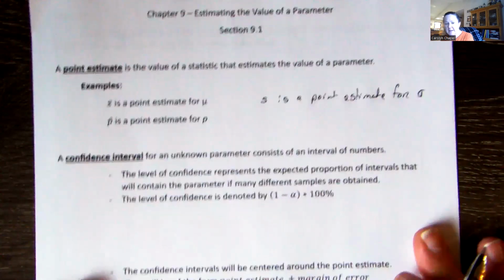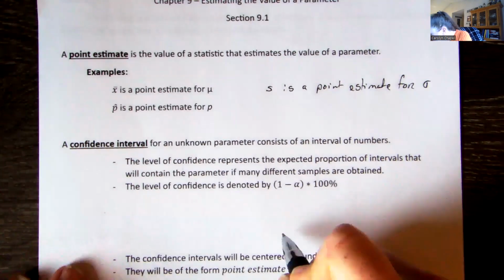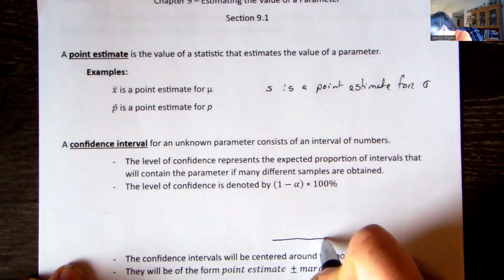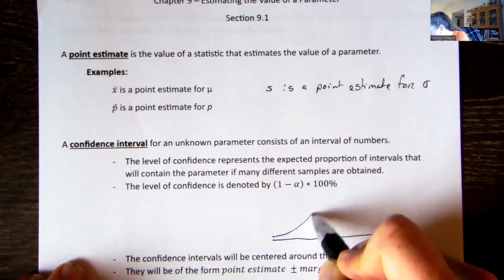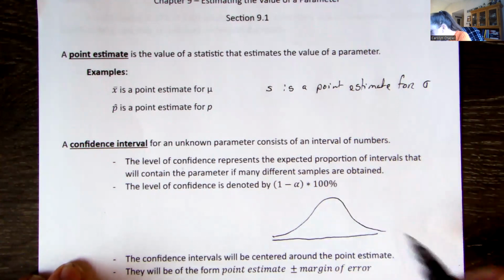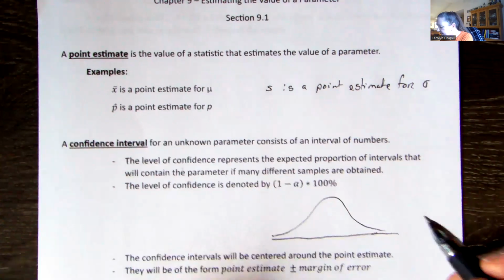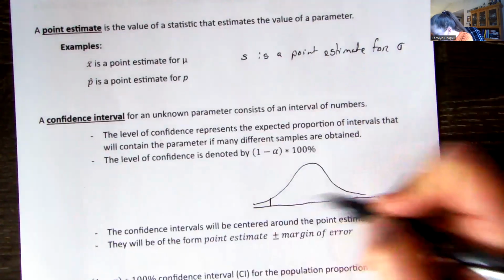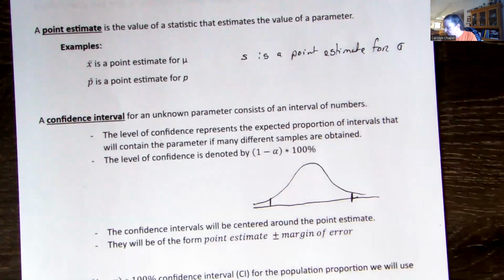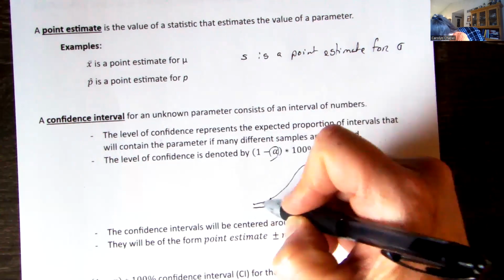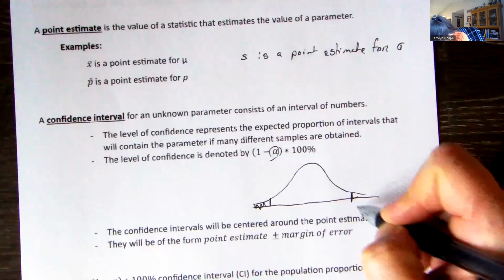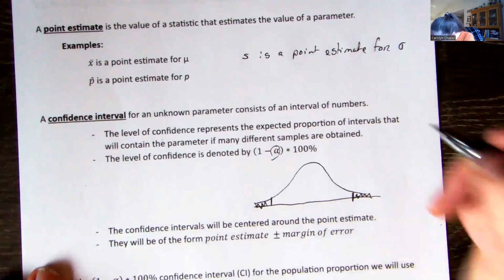Now, to draw a little picture, most of the time we're going to be looking at, in this section, either a normal curve or a T-curve, both of them being somewhat bell-shaped. So we're going to be finding estimates here, nice intervals. So this alpha that we're talking about here is the area in those little tails.